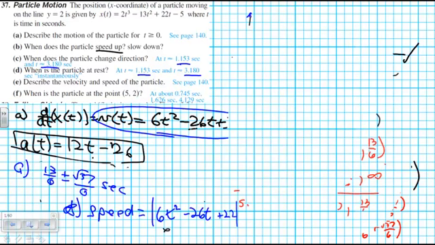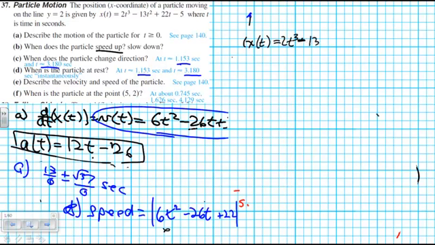All right. So the last part is when does x equal 5? So x of t is equal to this mess minus 13t squared plus 22t minus 5.